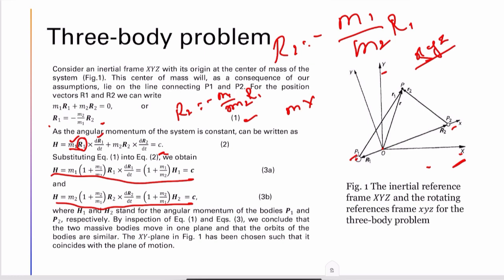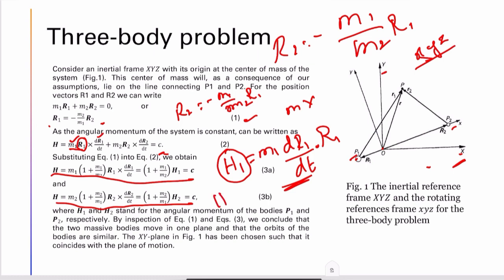This H1 is nothing but angular momentum, which means this M1 into dR1 by dt is the linear momentum of mass M1, into this R1 position vector gives rise to the parameter H1. H1 is nothing but the angular momentum with respect to the body P1. Angular momentum of body P1.